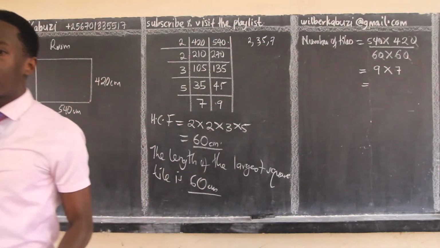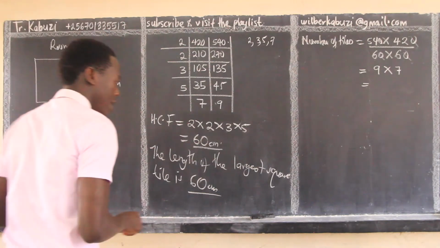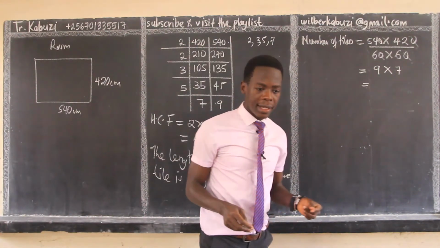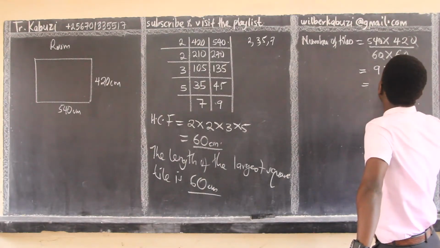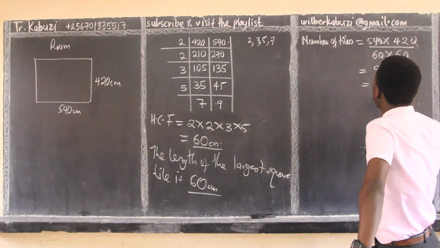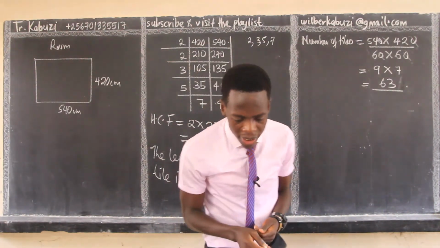9 times 7, we get 63. So these are the tiles we want. Then after getting the tiles, they want how much we are going to incur.